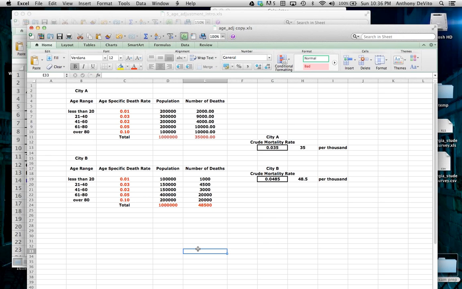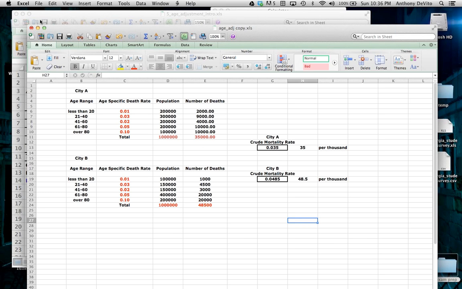What is true is just an older population, so you're going to have higher death rates. But there isn't really a real difference in the health within cohorts or within comparable groups in those two cities.